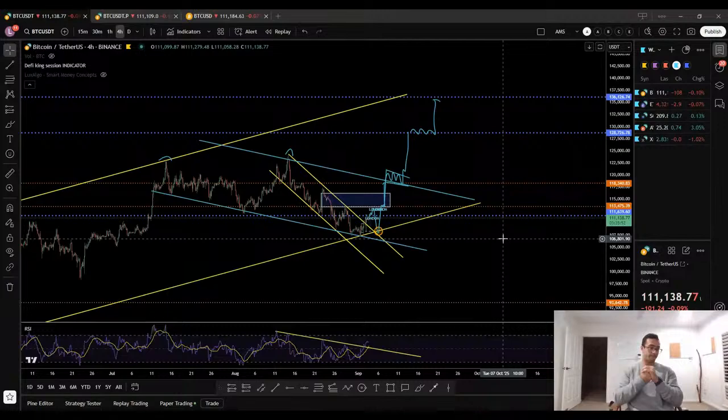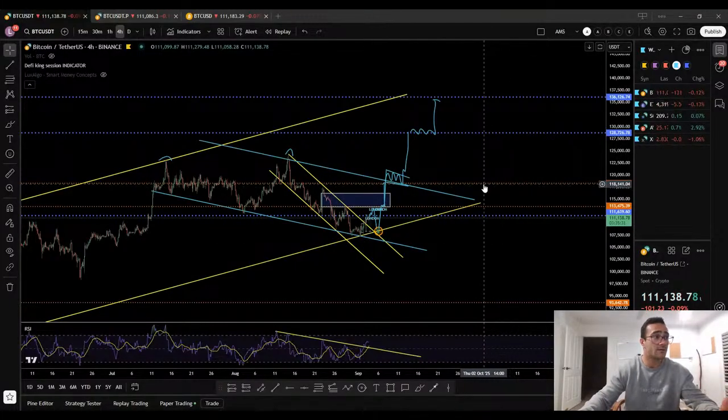I'm going to do adaptive market structure. It might be a bit of a boring stream, but we're going to go through how I set up my adaptive market structure so you know what these are.